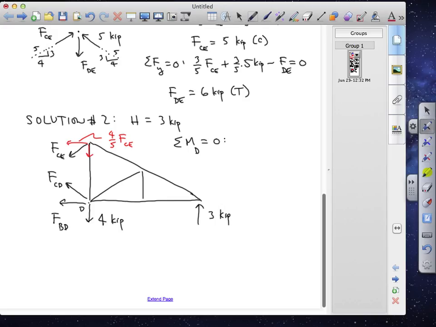So if we write this equation, we have 3-kip times 16 feet plus 4/5 FCE times 12 feet is 0. And solving for that, we have FCE is minus 5 kip, or 5 kip in compression.